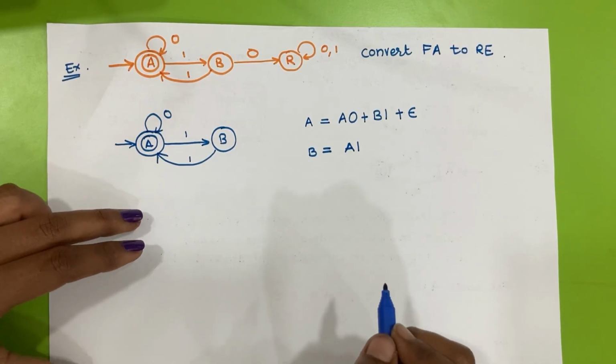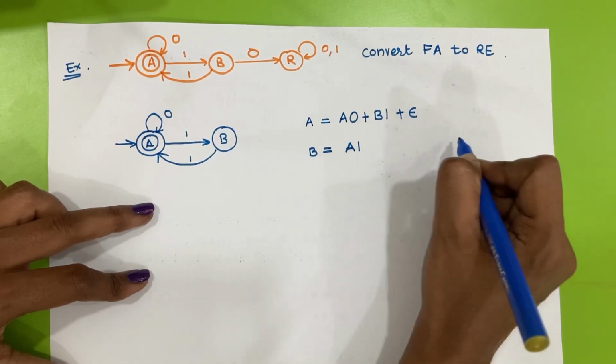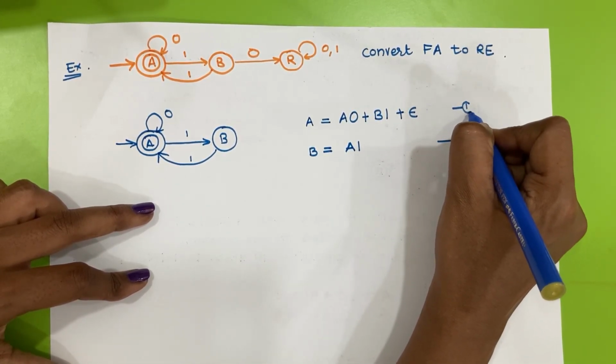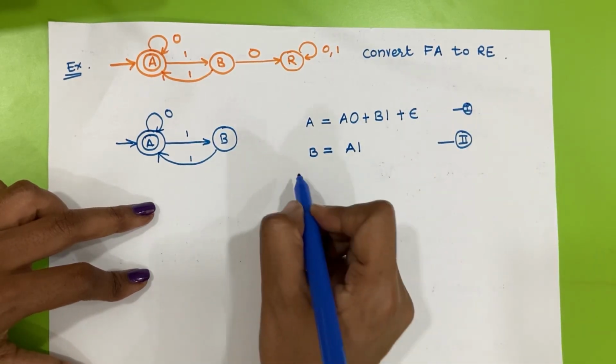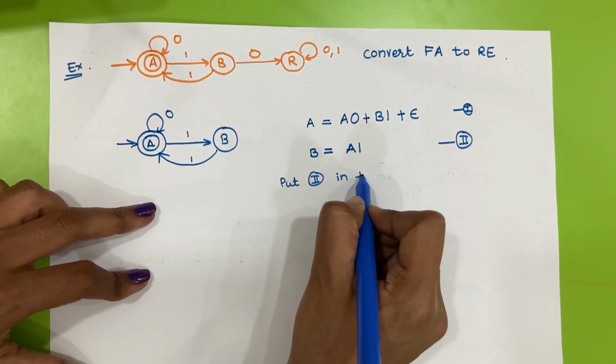Now I put the value of B in this expression. I'll number it. So I'll put 2 in 1.